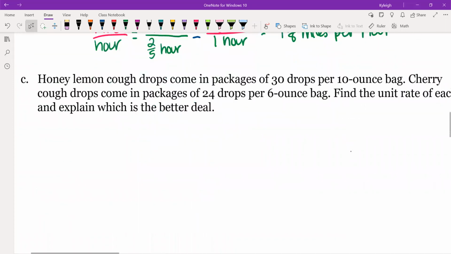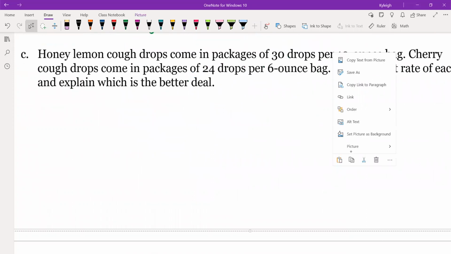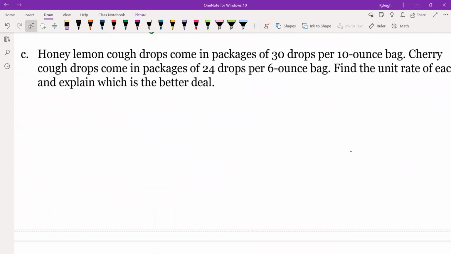Okay. So then the next set is comparing two things. So we have honey lemon cough drops, and then we have cherry cough drops, and we want to find the unit rate of each. So here's my suggestion. You want drops per ounce.